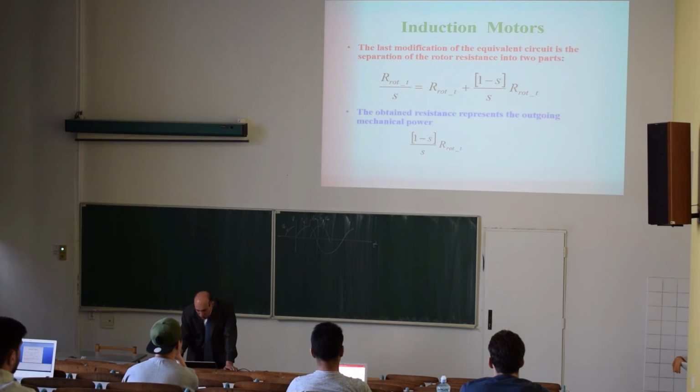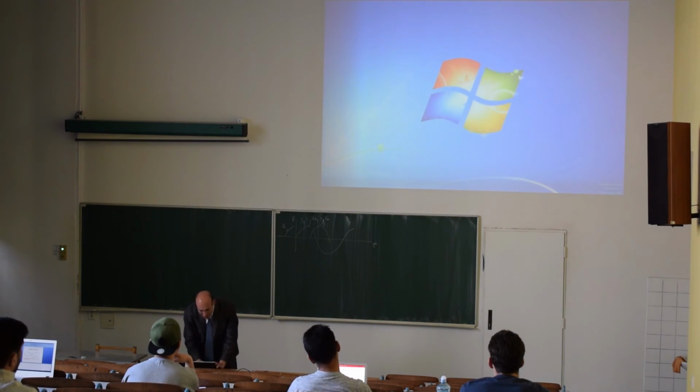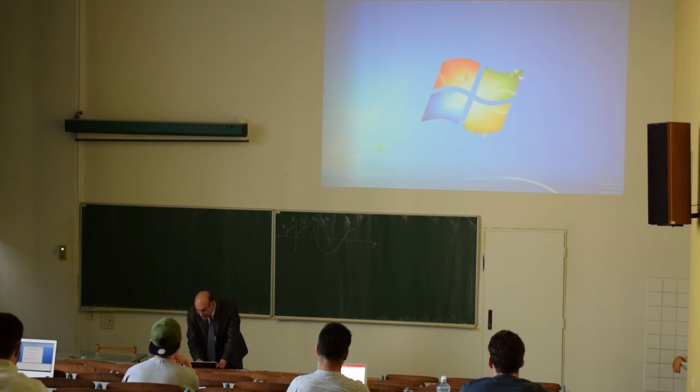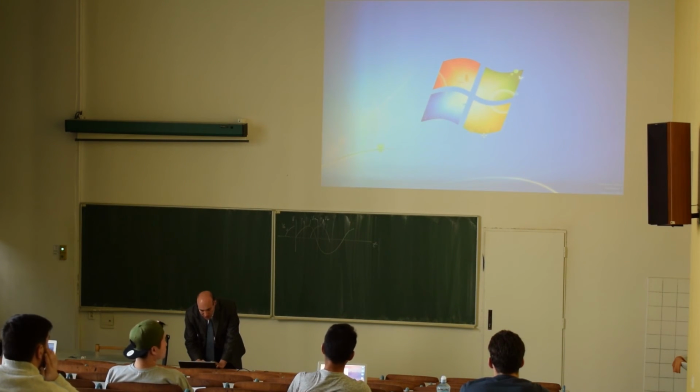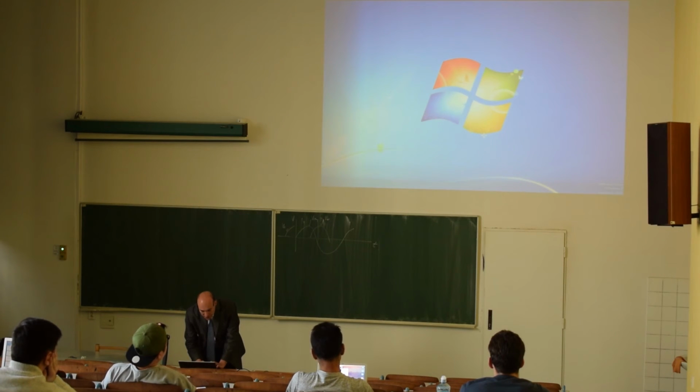So I will now show you a file that you have on the Moodle, and we will see what happens with different parts of the torque speed characteristic if we change the properties.